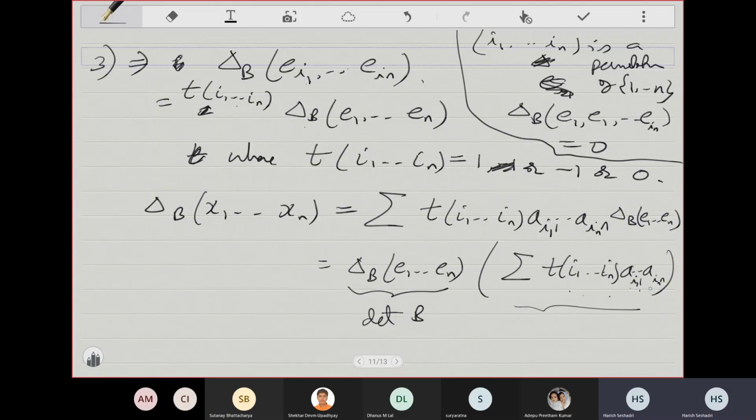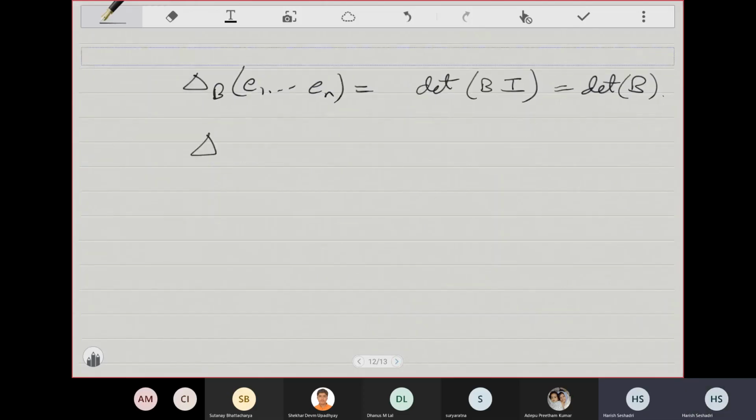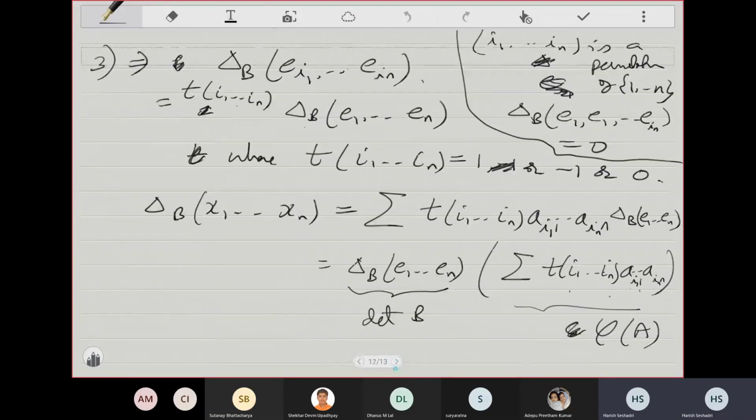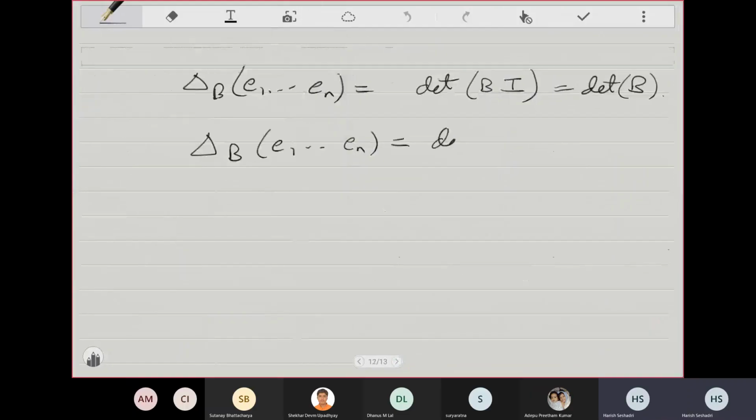And of course, these A's have nothing to do with B. So this is something which is independent of B. So let's call it some phi of A, something involving A. Then what I have is determinant of B times phi of A.